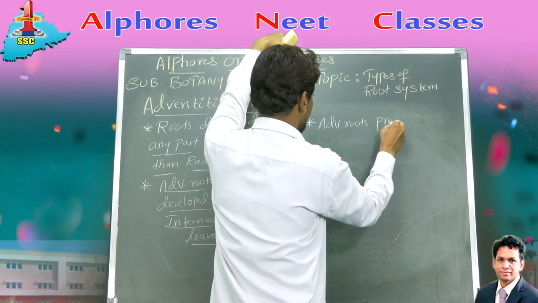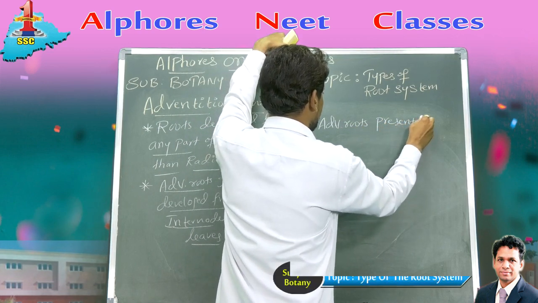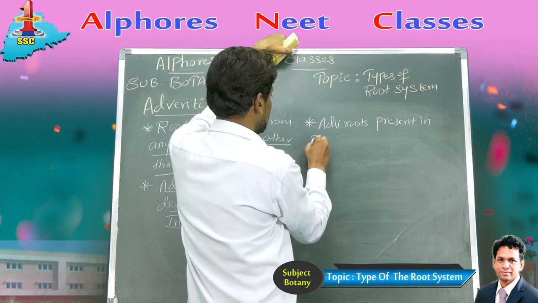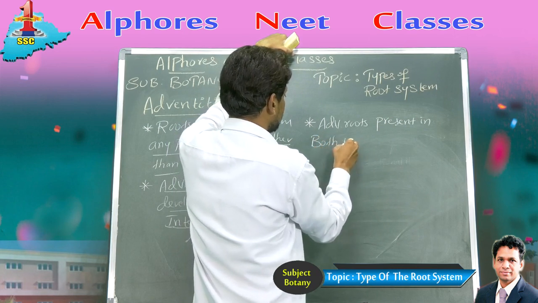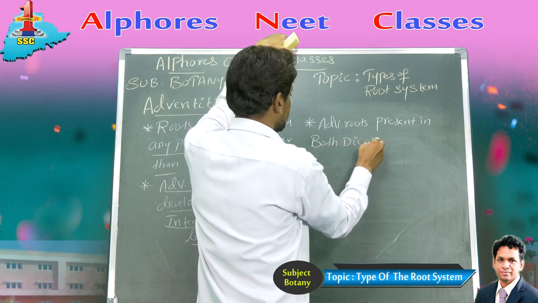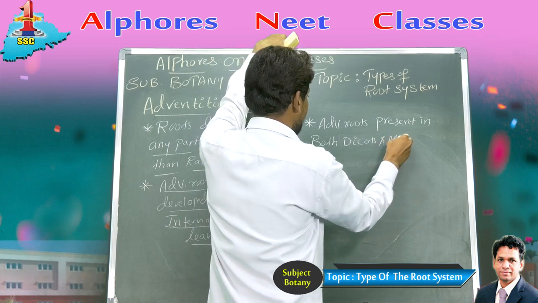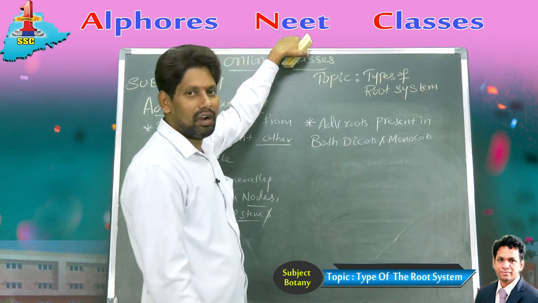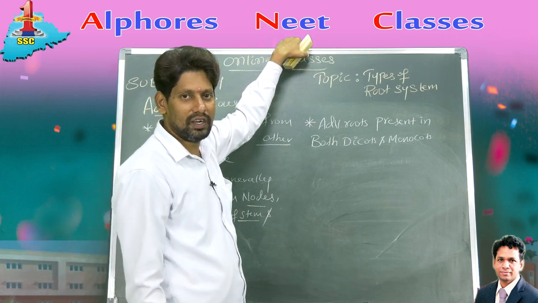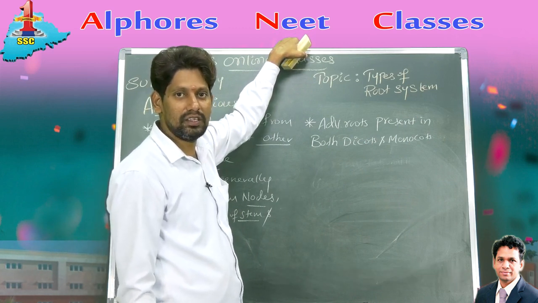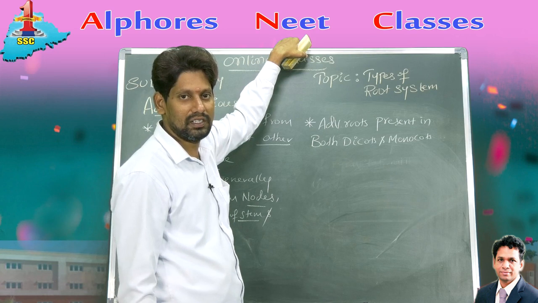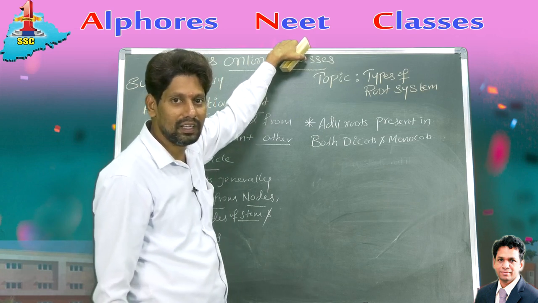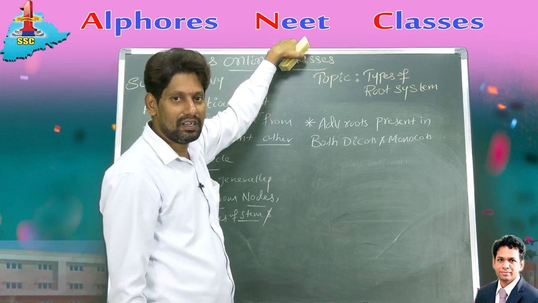I am not saying that adventitious roots are present in all dicots and in all monocots. I am saying that adventitious roots are present in dicots and monocots. It won't mean that they are present in all dicots and monocots.